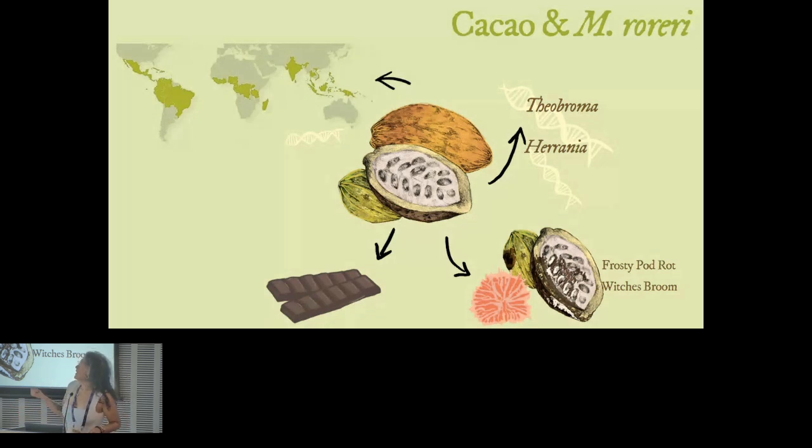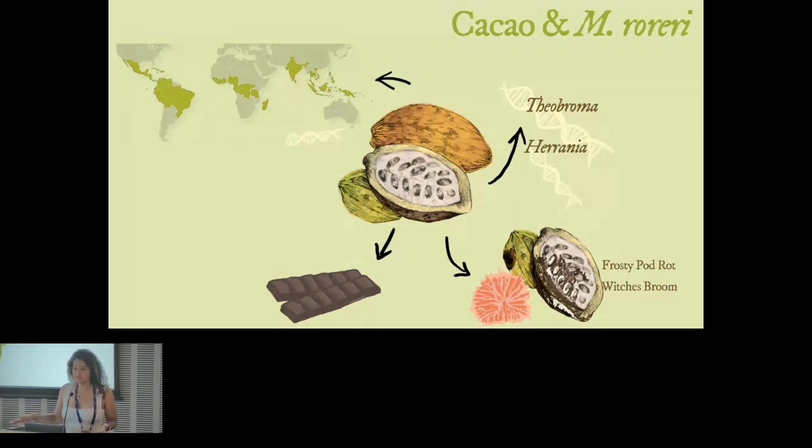It mainly attacks species of Theobroma, which is cacao, and we have also Herrania. And it's actually now moving on to another kinds of hosts like cupuaçu, which is another Amazonic fruit. We also have a very closely related fungus, Moniliophthora perniciosa, that causes witch's broom, which is a very similar infection.